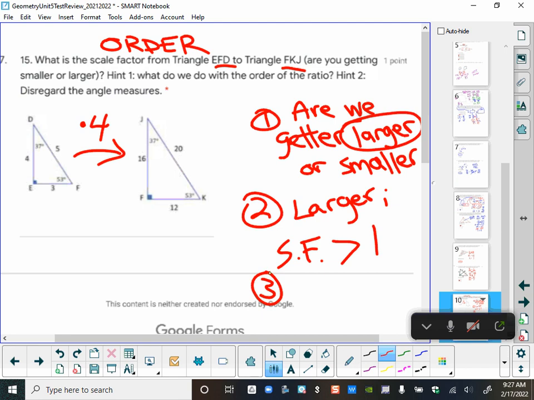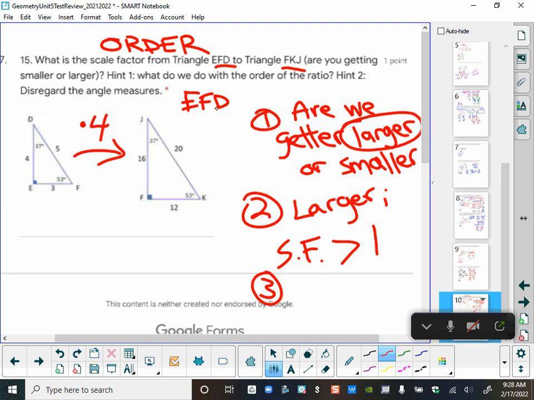So we put EFD, would we put it above or below FKJ? What did I say about scale factor? Do we keep or flip our order? Anybody remember? Keep or flip? Listen.